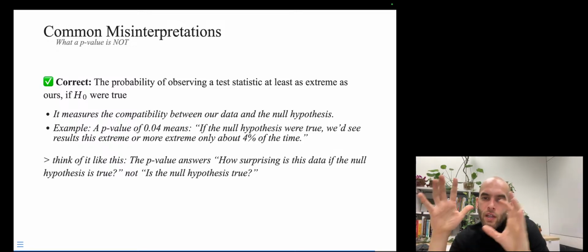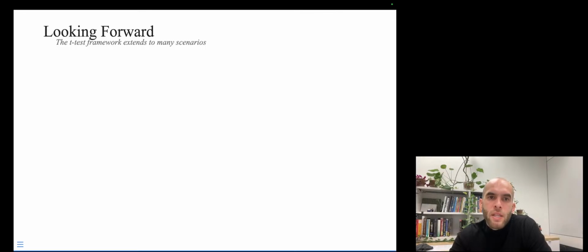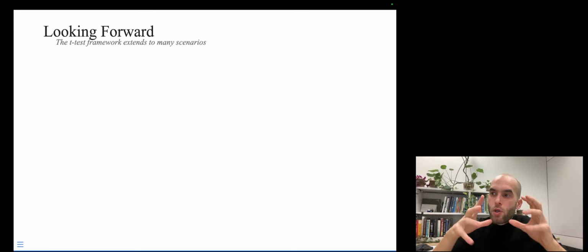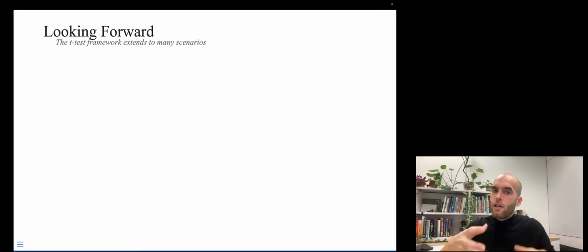So it's essentially how surprising our data is in the world of the null hypothesis. Okay, so this is the basic idea, and we're actually going to develop this core idea with many extensions. But this is the trunk that we're going to build the rest of the semester off of.